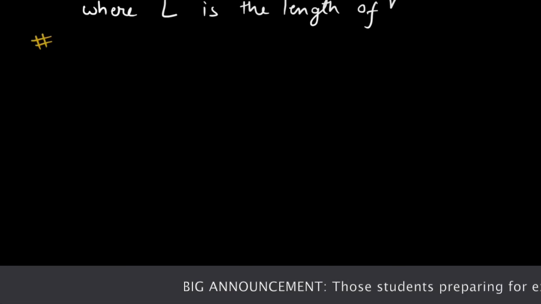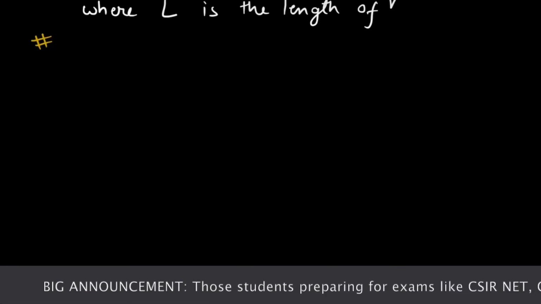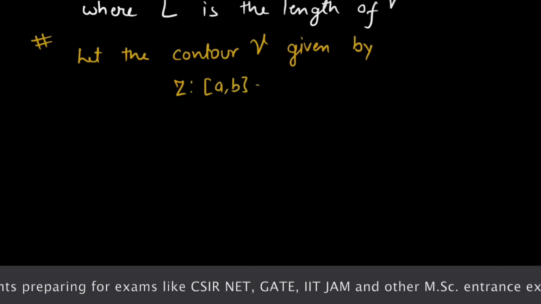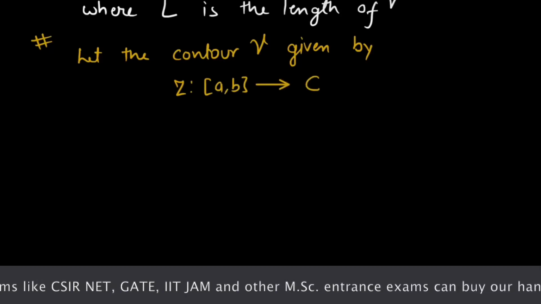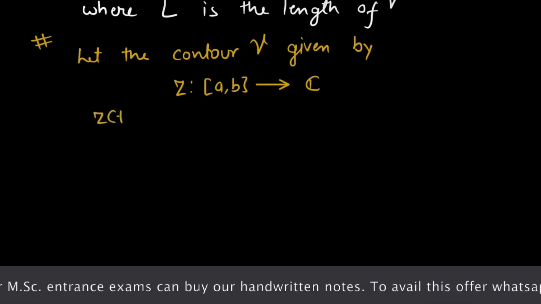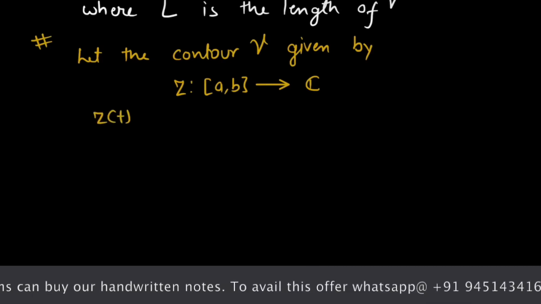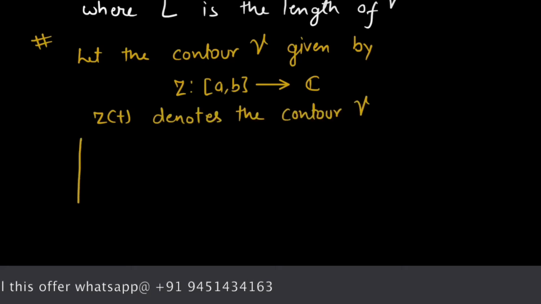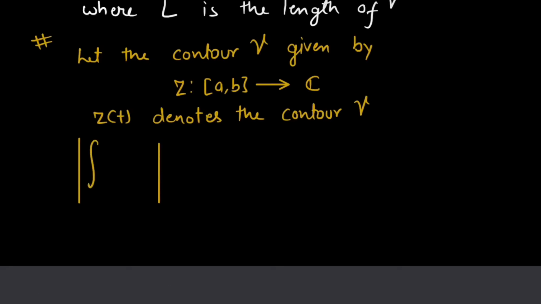Let the contour gamma be given by z from the closed interval [a, b] to the complex plane C, and z(t) denotes the contour gamma. Now let's find the modulus of the integral. The integral is the integral over gamma of f(z) dz.